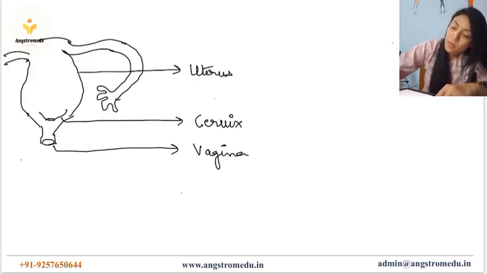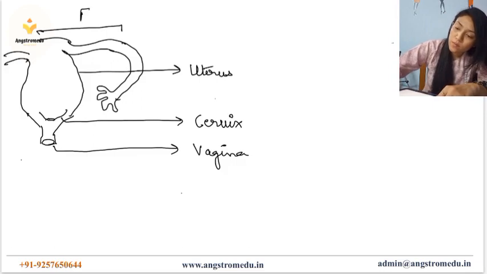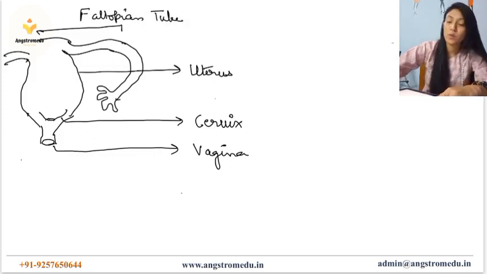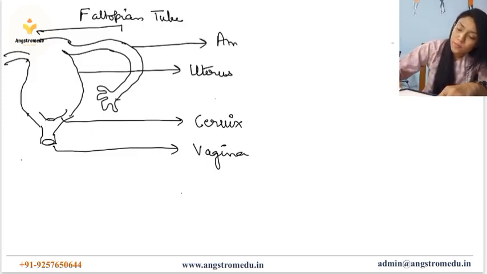This whole tube-like structure is known as the fallopian tube. The swollen region of the fallopian tube is known as the ampulla.